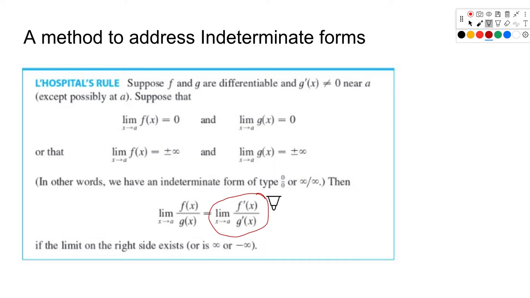So the original functions were indeterminate. They didn't give us enough information. We got 0 over 0 or infinity over infinity. We take the derivative of both functions, and then we apply the limit to the derivatives. If that exists, then we can say, oh, it also works on the other one.